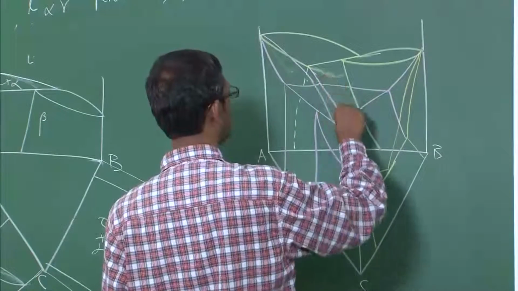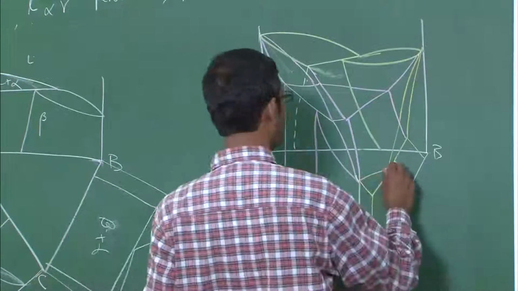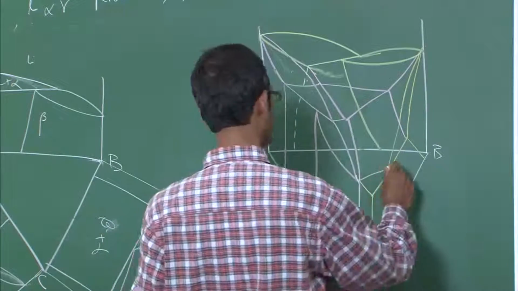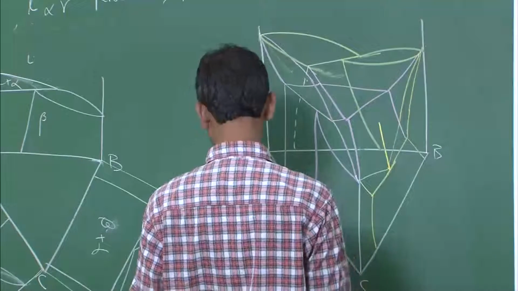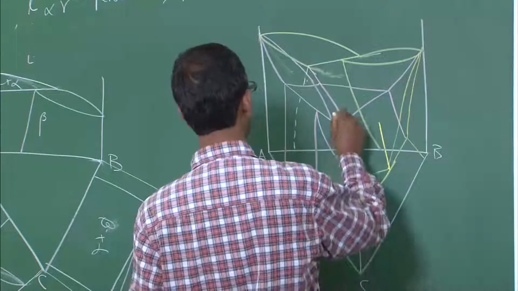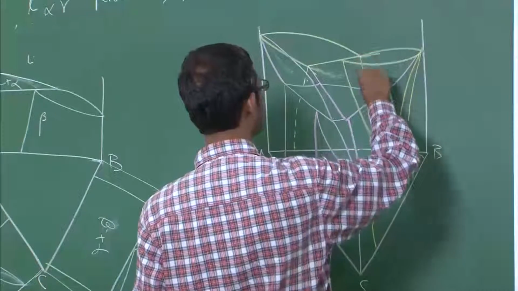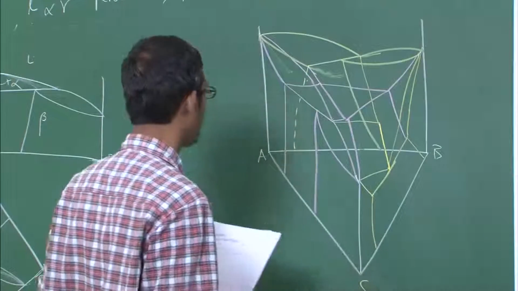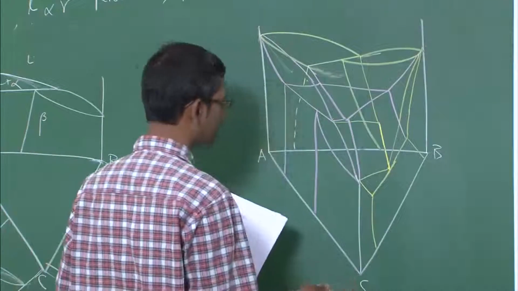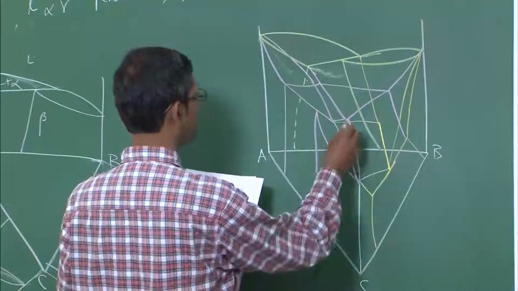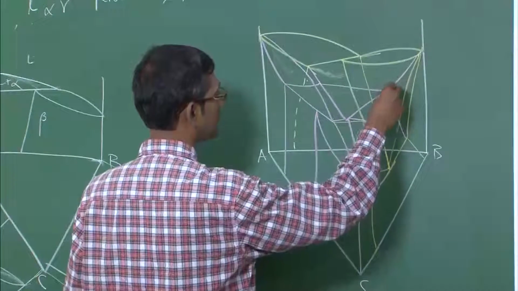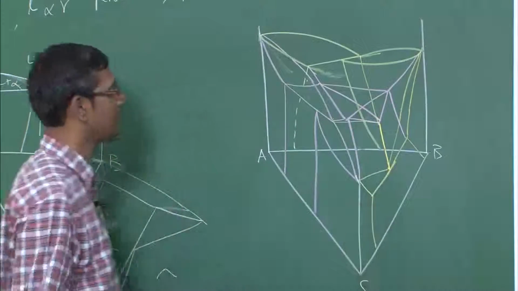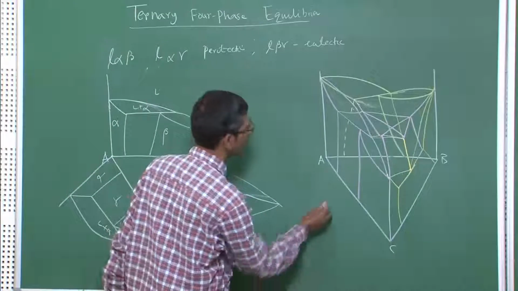So, I connect it, and point P will be there, a ternary peritectic point inside like this, which is another peritectic and this is the another peritectic. Okay. So, then you can connect this triangle. You can see the trapezoid. Okay, that is the trapezoid I am talking about.